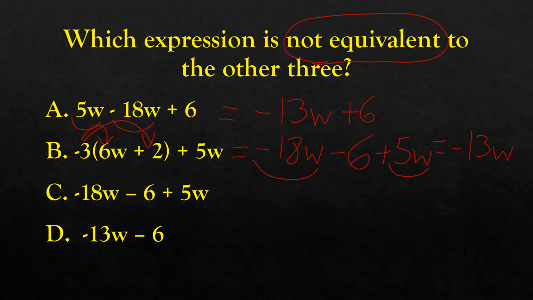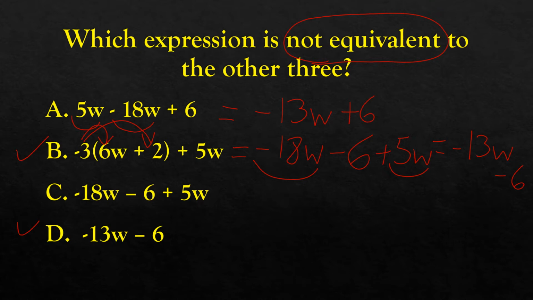Minus 6. Negative 13W minus 6. Ooh, I've already noticed something. B and A are the same. But before I get excited and assume that A is the wrong answer, always go through just in case.